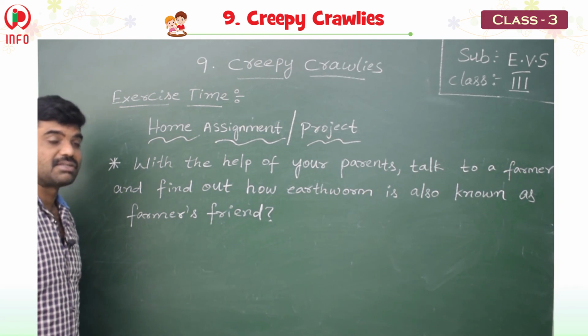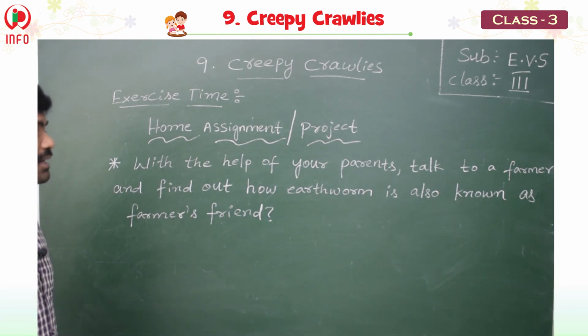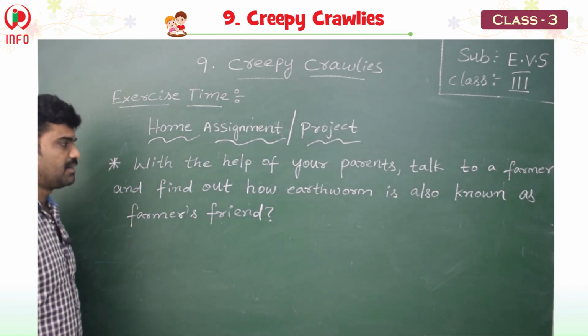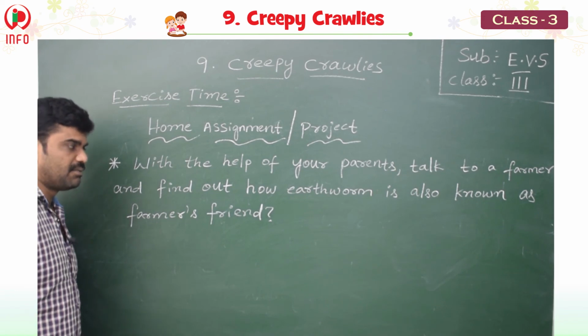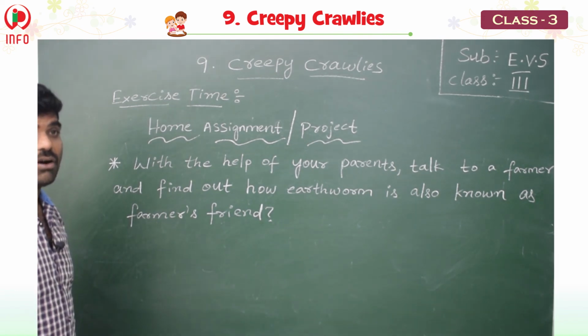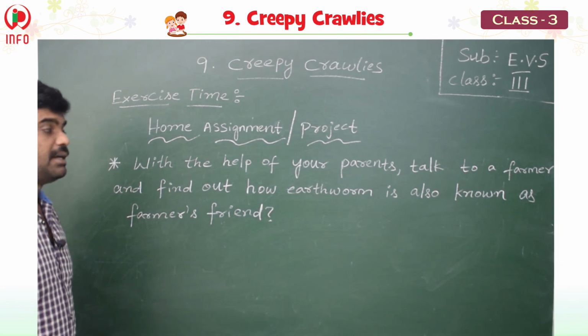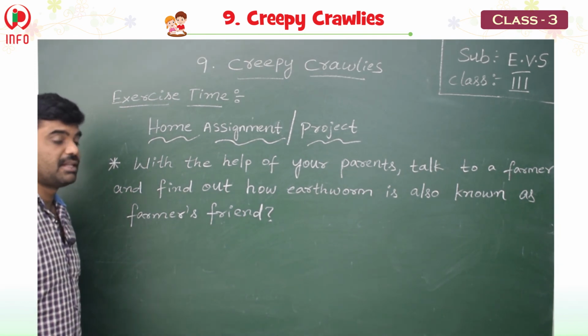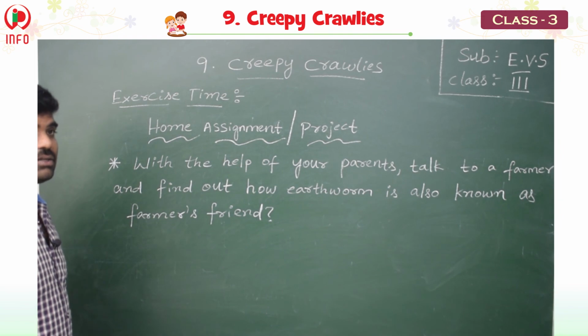Children, we have seen that earthworms make the soil fertile, which is best for agriculture. That means how the earthworm is the farmer's friend, you have to find out by talking to a farmer with the help of your parents. Do this activity, children. Thank you.